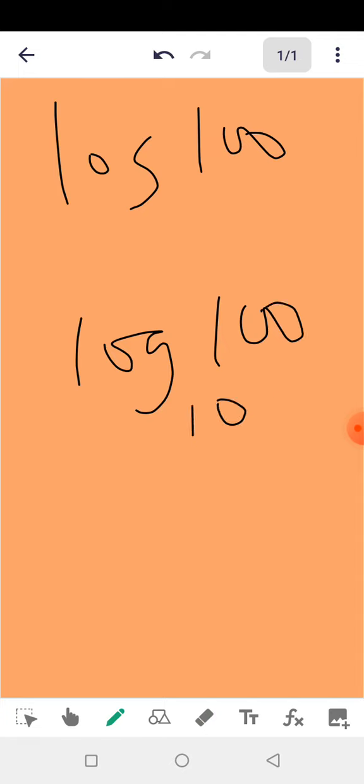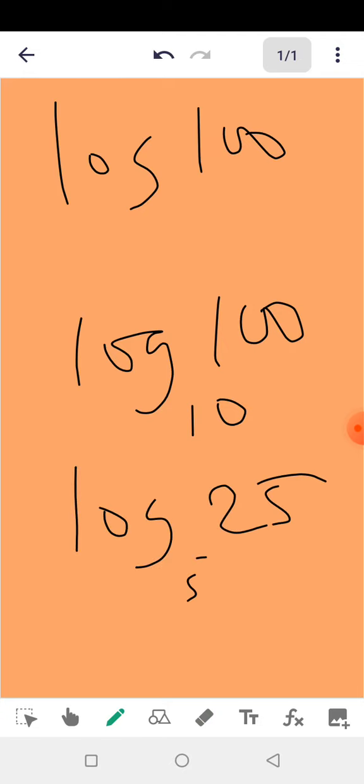Now, what happens if it is to another base? If the logarithm is to another base, then we have to write the base there, e.g. log 25 base 5. So it will be clear that the 25 we are considering is to the base of 5.